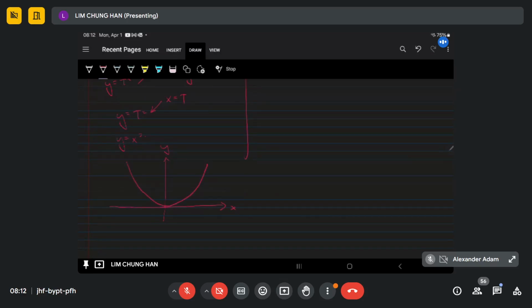It's a u. Now, what is the interval? The problem is with the interval: it goes from negative infinity to positive infinity.